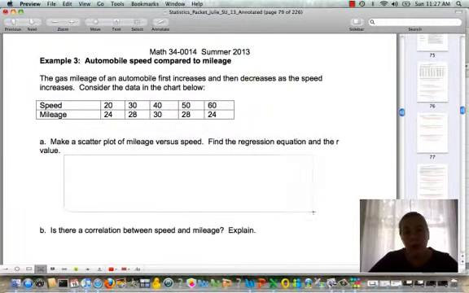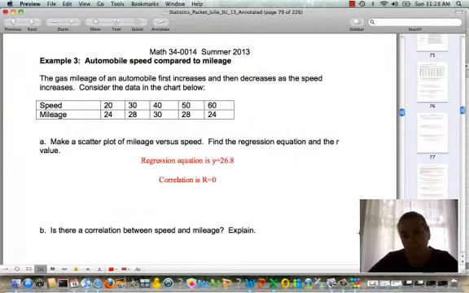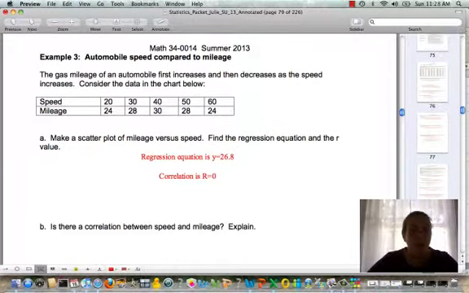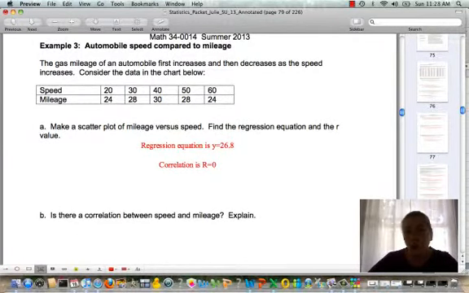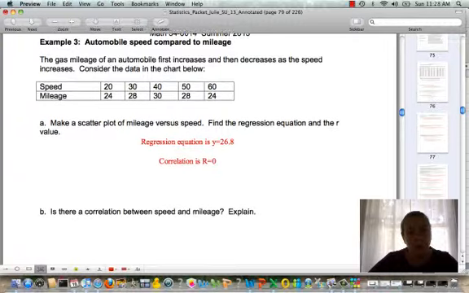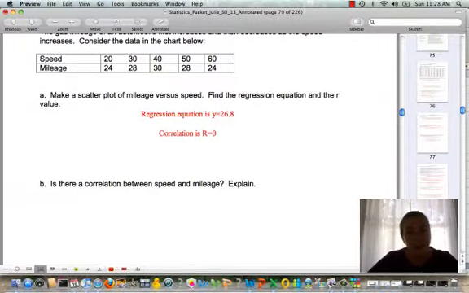So our regression equation is y equals 26.8, and the correlation is r equals 0. And remember, you can use capital R or lowercase r, either way. I'll know which r you're talking about, that's correlation. So now our correlation here is 0.